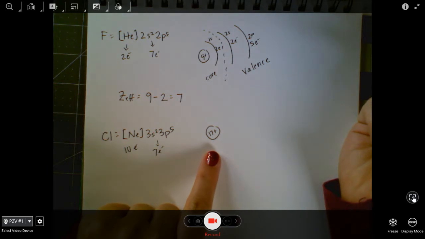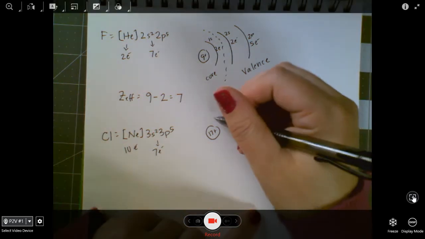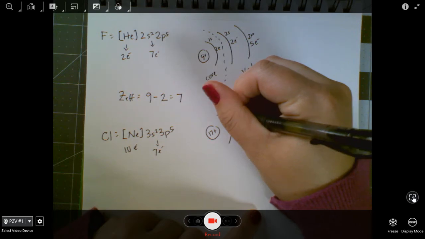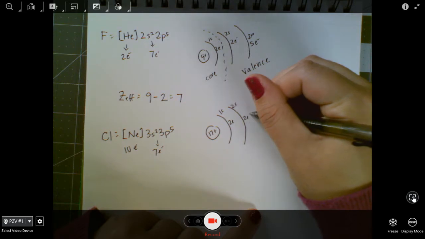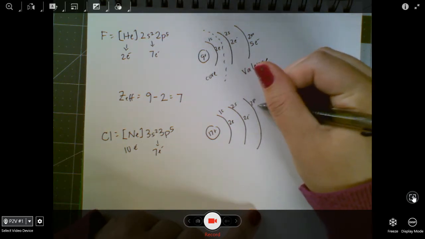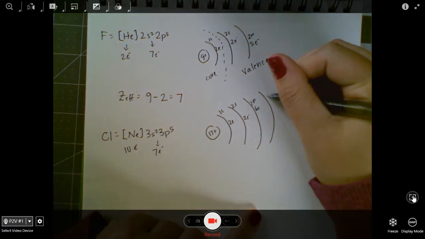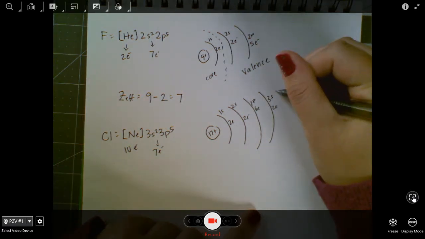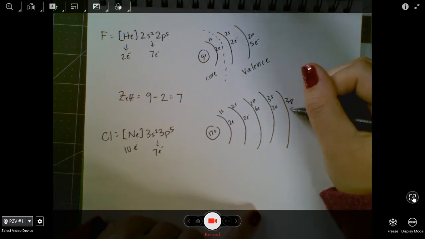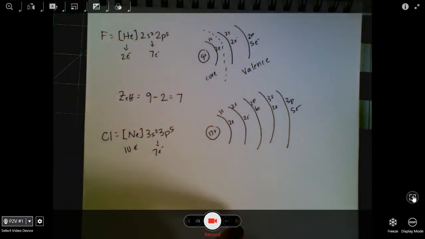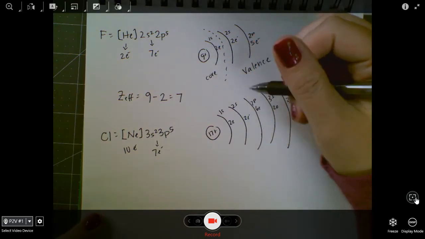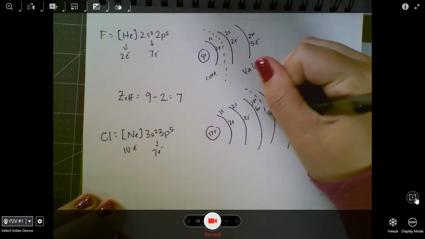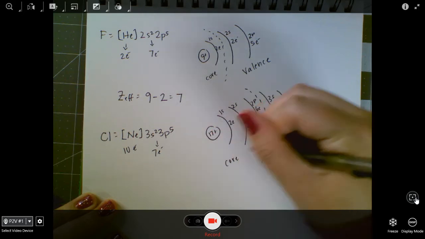I'm just drawing this bigger because I physically don't have the space to write 17. I'm going to have my 1s shell that's got 2 electrons. 2s shell has 2 electrons. 2p shell has 6 electrons. My 3s shell has 2 electrons, and my 3p shell has 5 electrons. So in this situation, I said that we had 10 core electrons. If you think about the differentiation here, we've got this dotted line, the difference between core and valence, a little bit farther out.